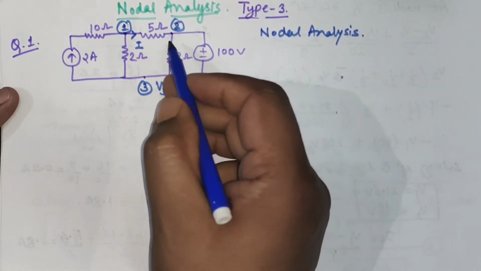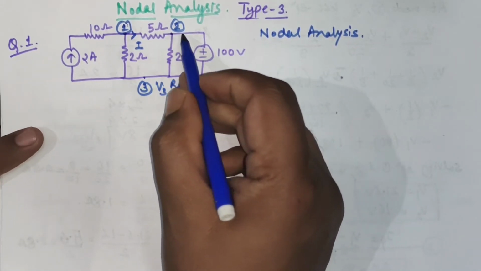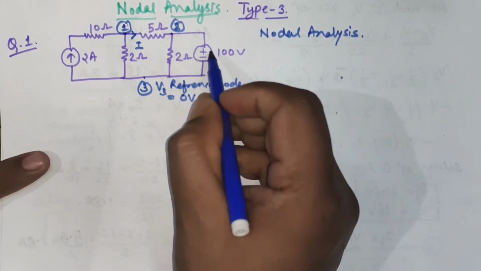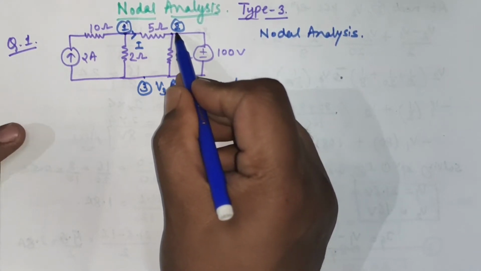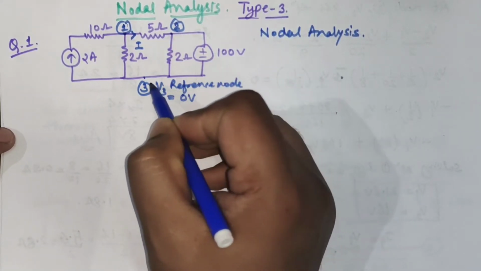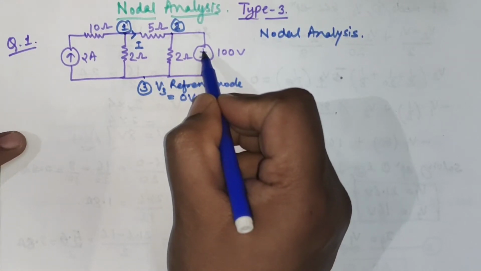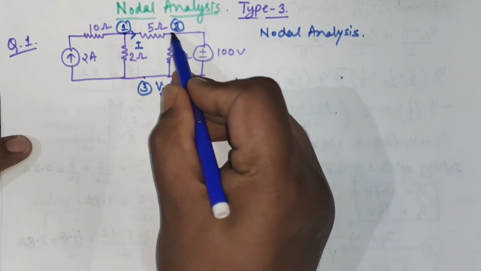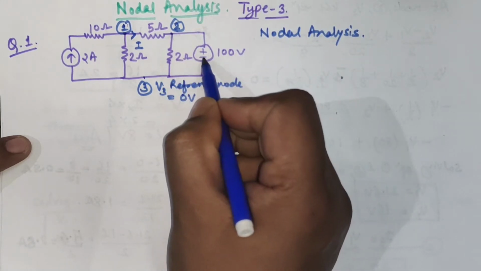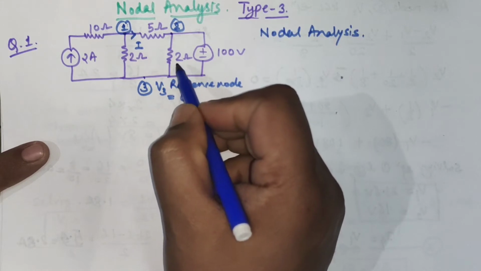If we look into this circuit, we can see that at node number 2 a 100 volt source is connected directly between node 2 and reference node 3. That means the plus terminal of the 100 volt source is directly connected to node 2 and the minus terminal is directly connected to reference node 3.